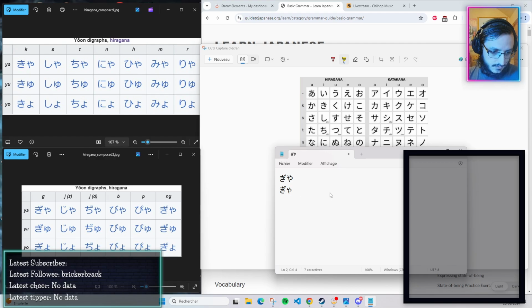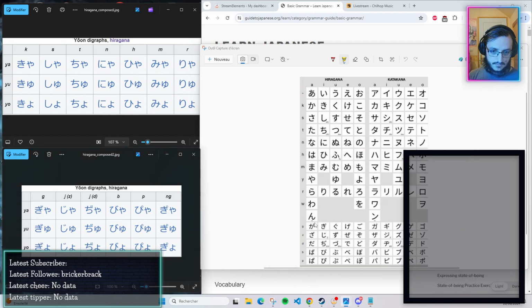In the Romanized way, it is gya. It's basically the same principle as for the regular consonants. We take the I line for the G: gi, ya, gya. Then you have gyu, and then you have gyo. Gya, gyu, gyo.